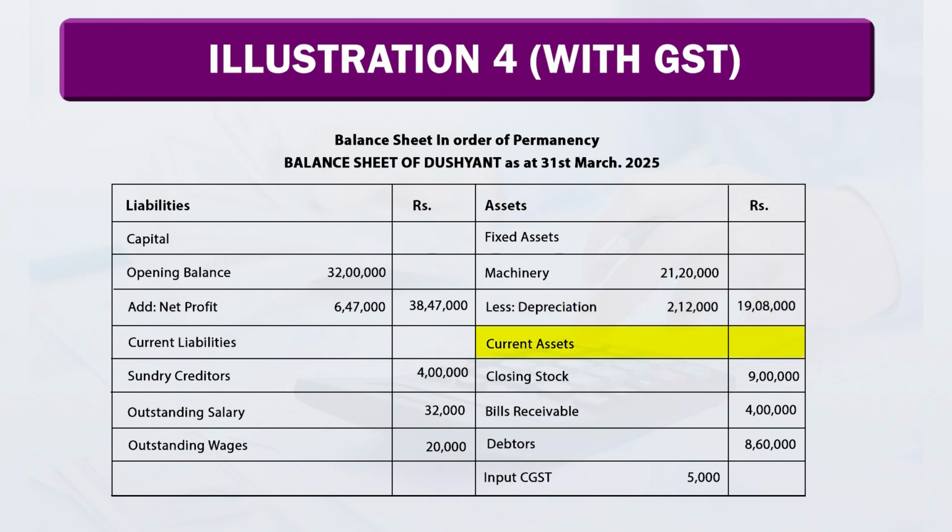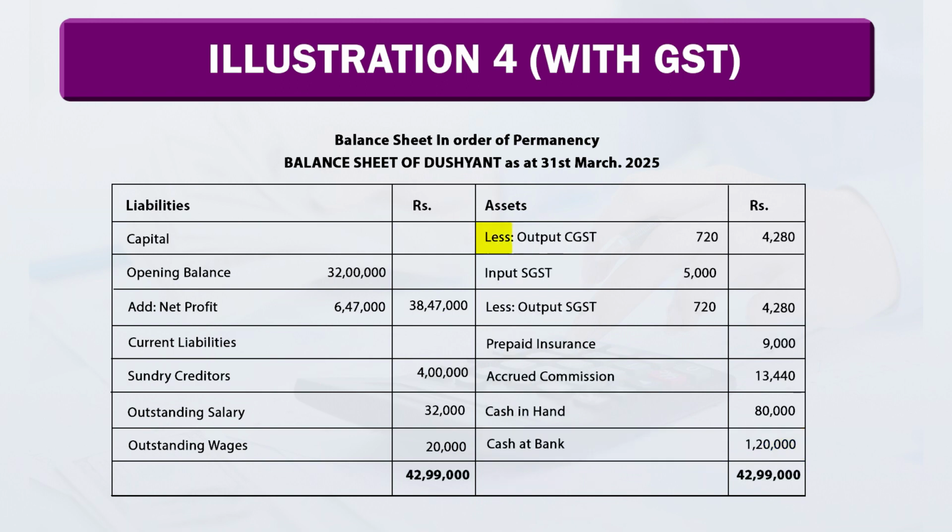And now, we will see our current assets: closing stock 9 lakh, bills receivable 4 lakh, debtors 8,60,000, net input CGST 4,280, net input SGST 4,280, prepaid insurance 9,000, accrued commission 13,440, cash in hand 80,000, cash at bank 1,20,000. Total of the balance sheet would remain the same, 42,99,000.